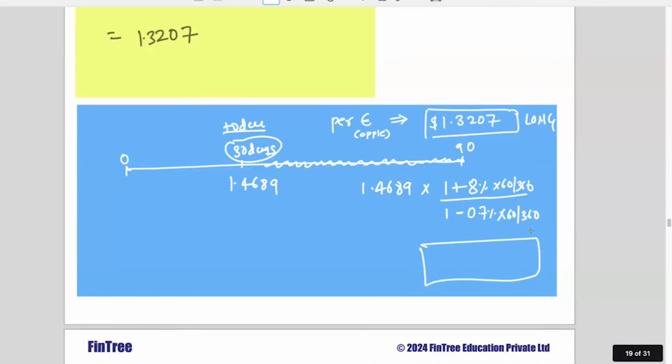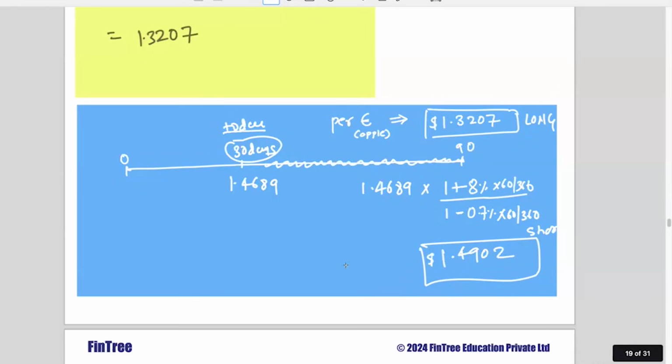Let's do it together. 8% into 60 by 360 plus 1, STO 1. 0.7% negative into 60 by 360 plus 1, STO 2. RCL 1 divided by RCL 2 multiplied with 1.4689 equal to 1.4902. On this, we are going to build a short position.